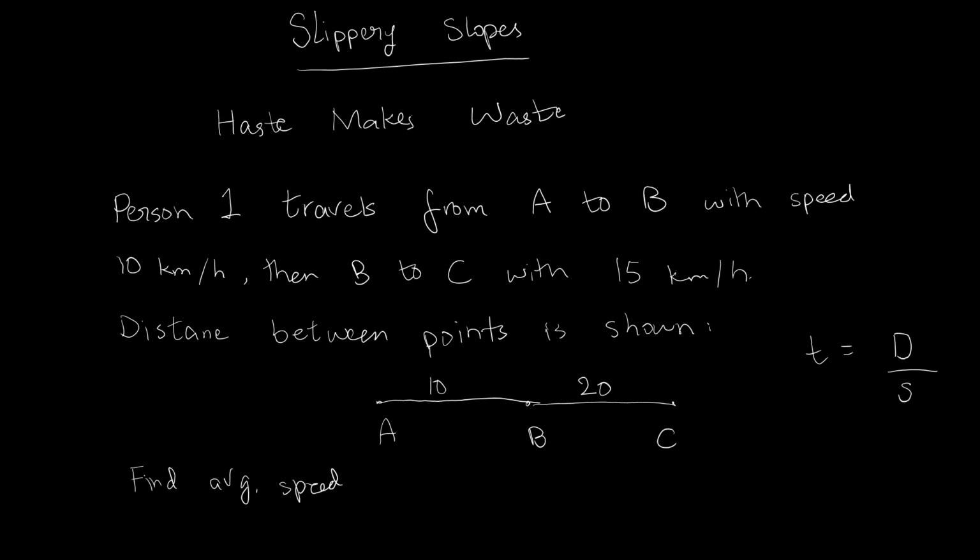So 1 here. Now from B to C, it's 20 kilometer distance and 15 is the speed. And the time would be 20 over 15, which you may simplify as follows, 4 over 3.